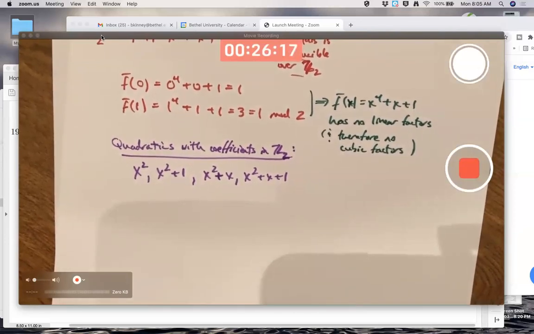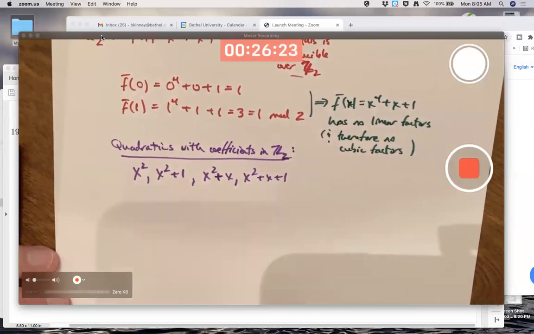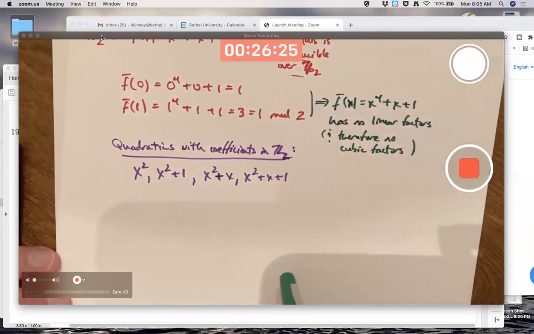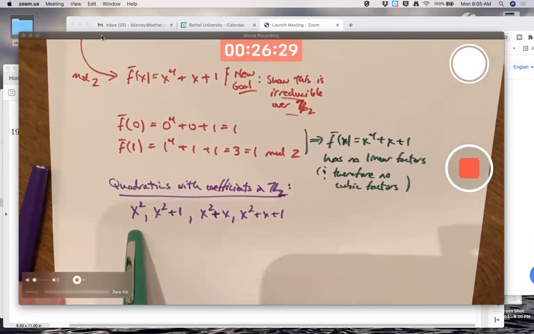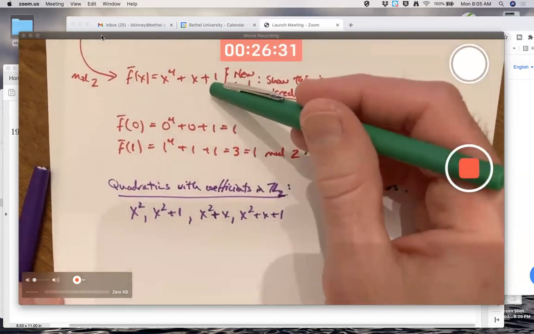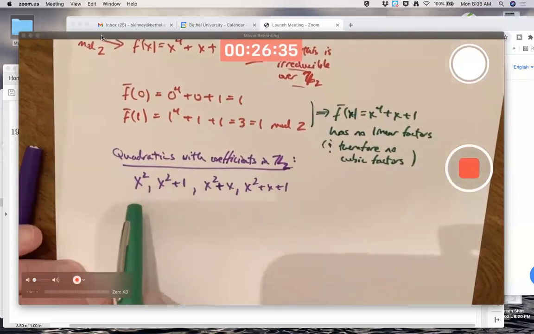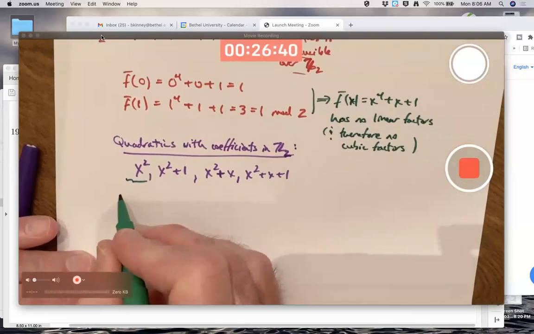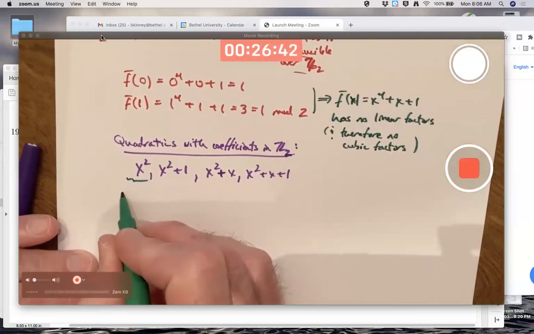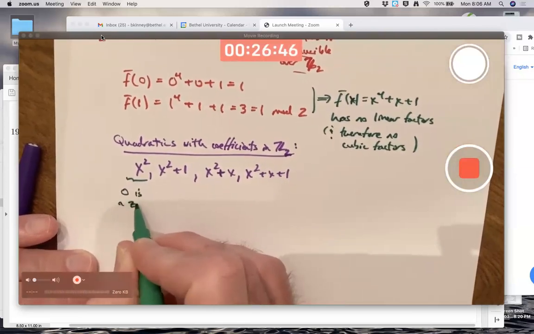However, at least 2 or 3 of these can be ruled out immediately because they have zeros in Z2. And if these had zeros in Z2, they couldn't possibly be factors of this because this one does not have any zeros in Z2. X squared has a 0 in Z2. 0 is a 0 or a root.